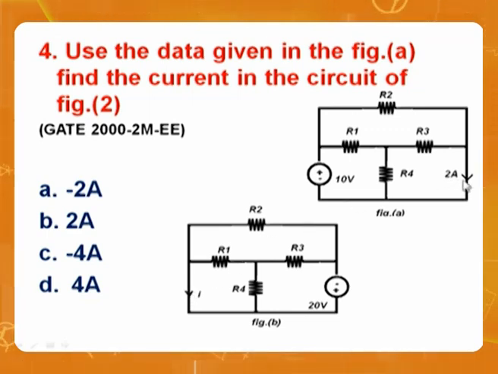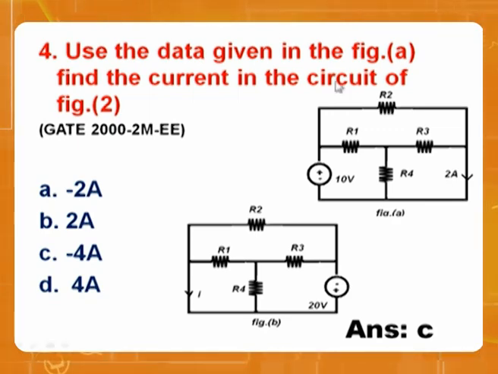And the polarity direction also: this is the direction, so this direction is opposite, because this is going in this way, whereas this is coming in this way. So that has to be minus 4 amperes. So answer is C. Very simple logic. There is no mathematics involved, because even the component values are not given, so a student need not do anything.